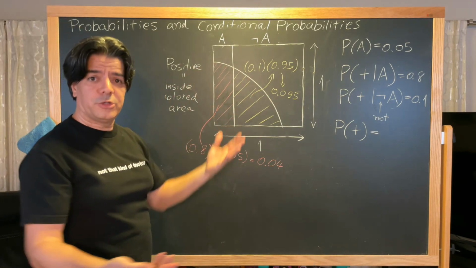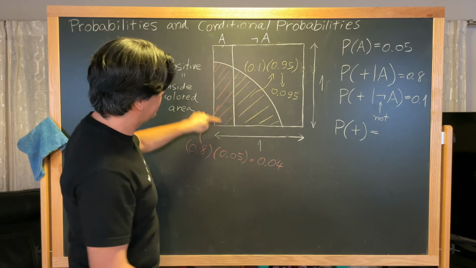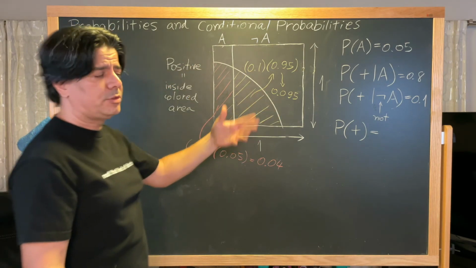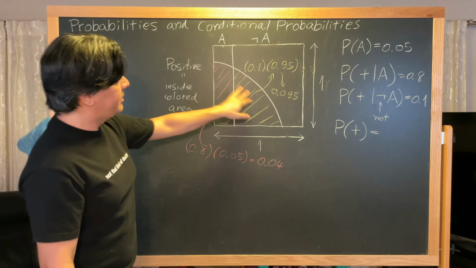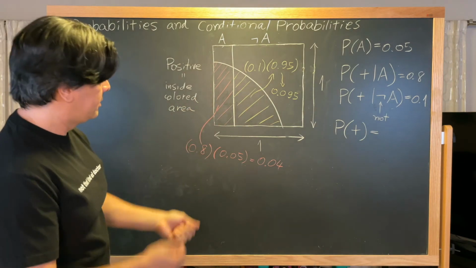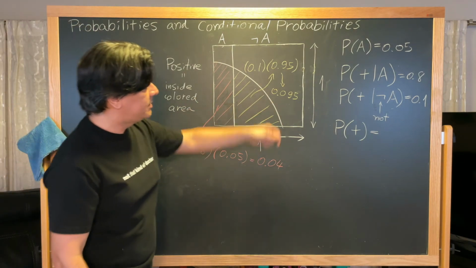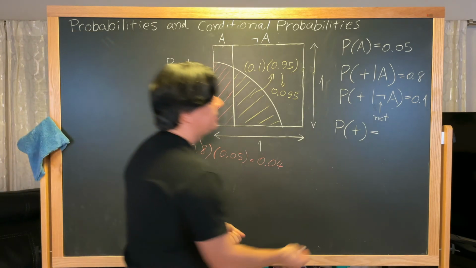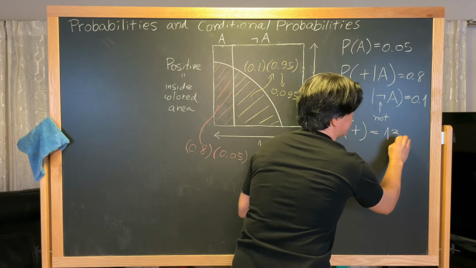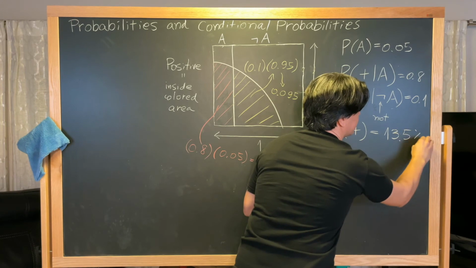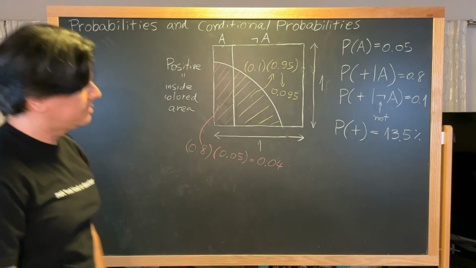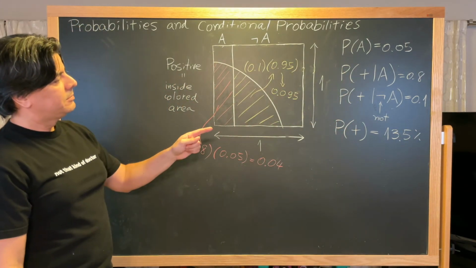That's proportional to how big this area is in relation to the universe, which is area 1. It's simply the sum of the red and the yellow. That is 4% plus 9.5%. This is 13.5%, right? Make sense? Great.